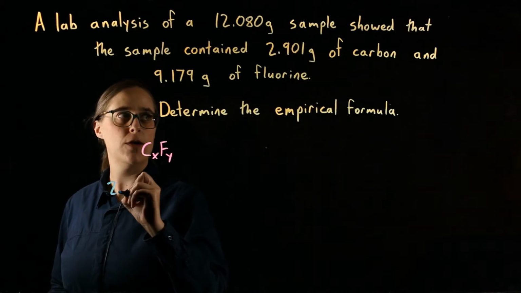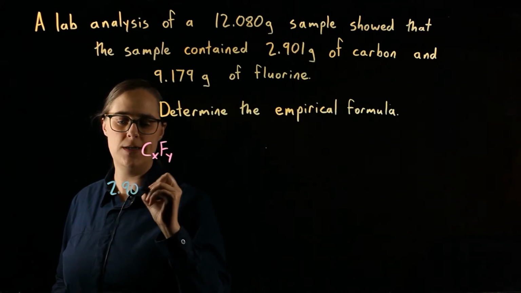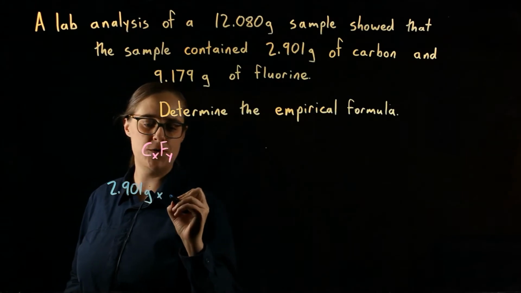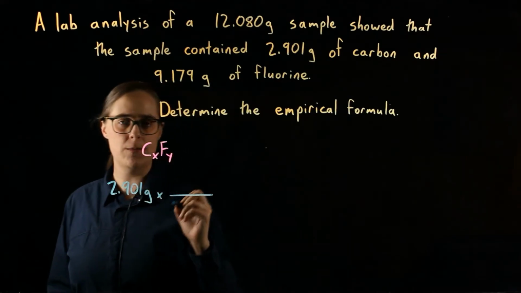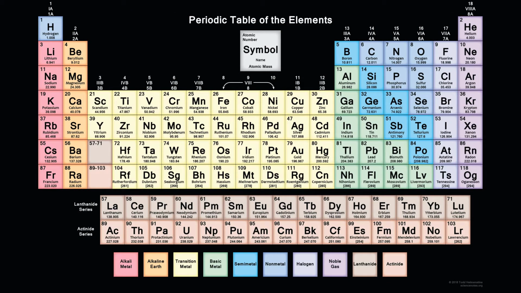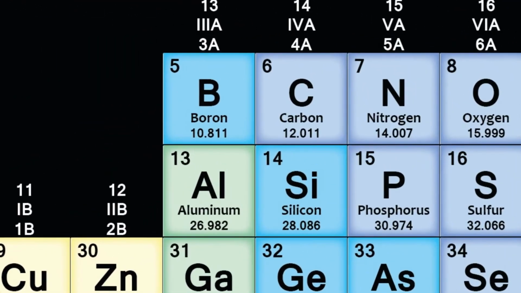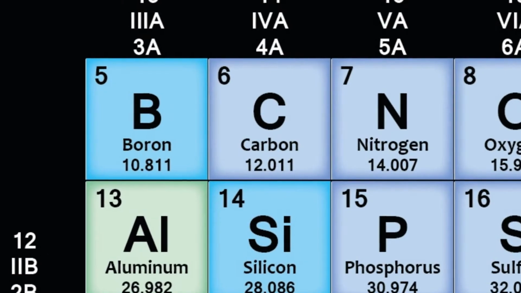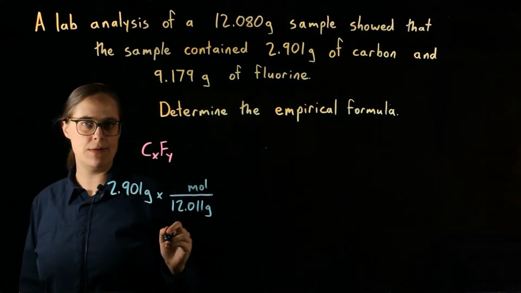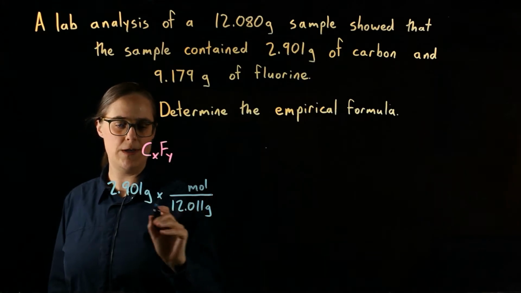So let's start with carbon. We have 2.901 grams of carbon. And I want to convert this to moles. So I'm going to look at a periodic table and find the mass of carbon. You would find 12.011 grams per mole. We need to divide by that number, this mass from the periodic table.